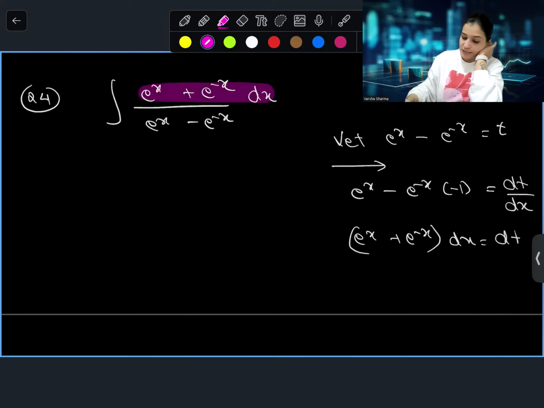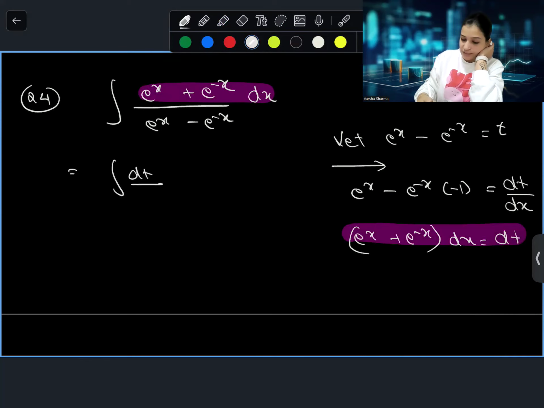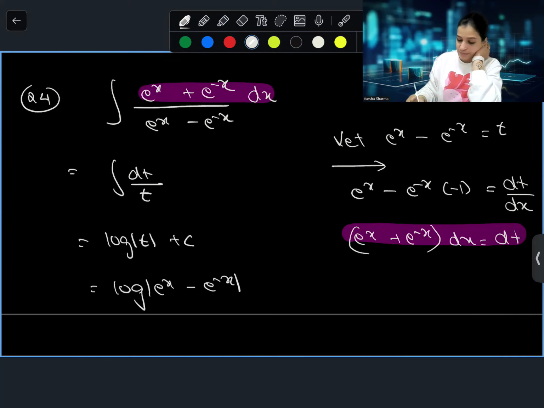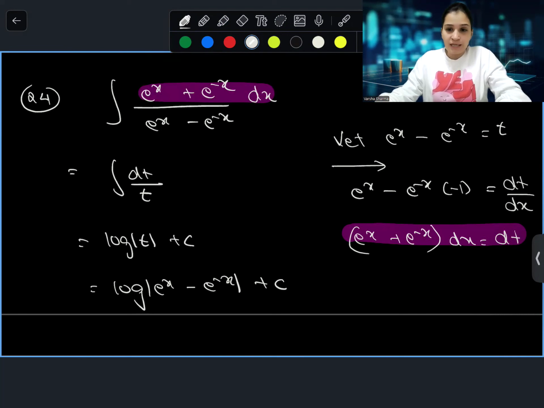So my entire numerator becomes dt and the denominator is t. So this will be log mod t. So log mod (e^x minus e^(-x)) plus c. Is it okay? Yes, ma'am. Did you get these answers? Yes, ma'am.